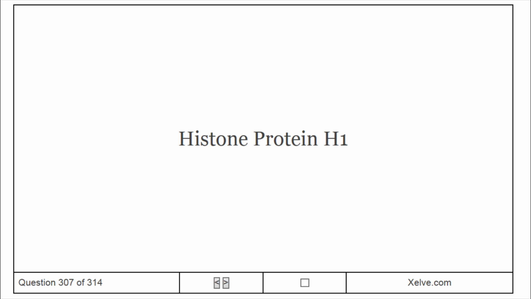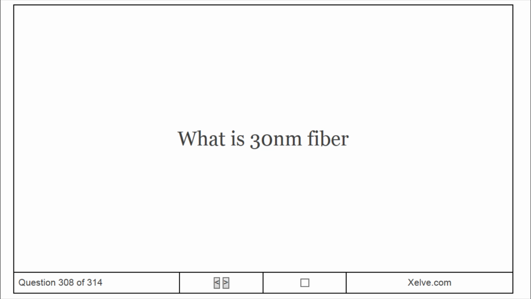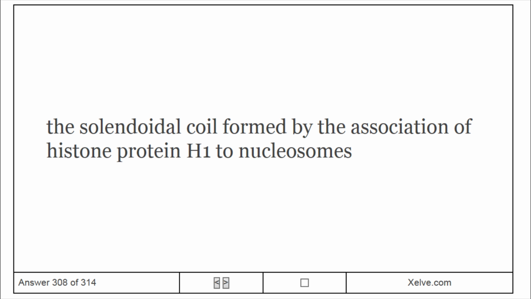Histone protein H1 binds to the nucleosome and linker DNA and then binds to itself to form the 30 nanometer fiber. What is the 30 nanometer fiber? The solenoidal coil formed by the association of histone protein H1 to nucleosomes.